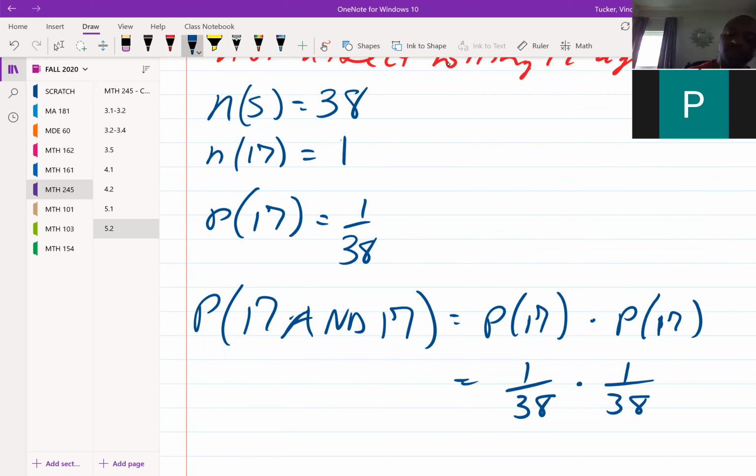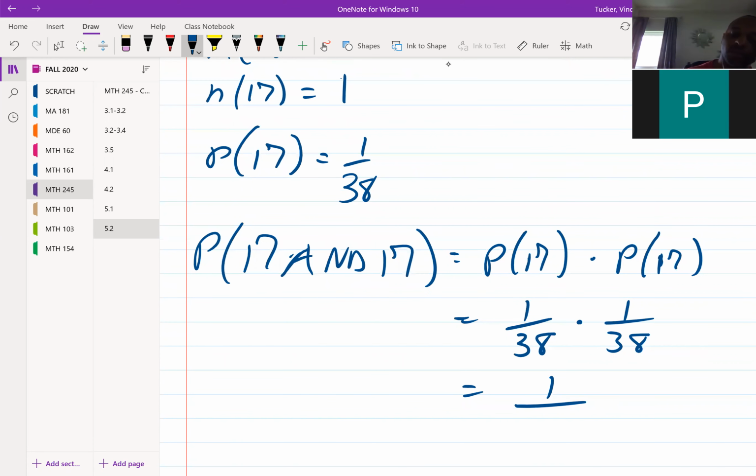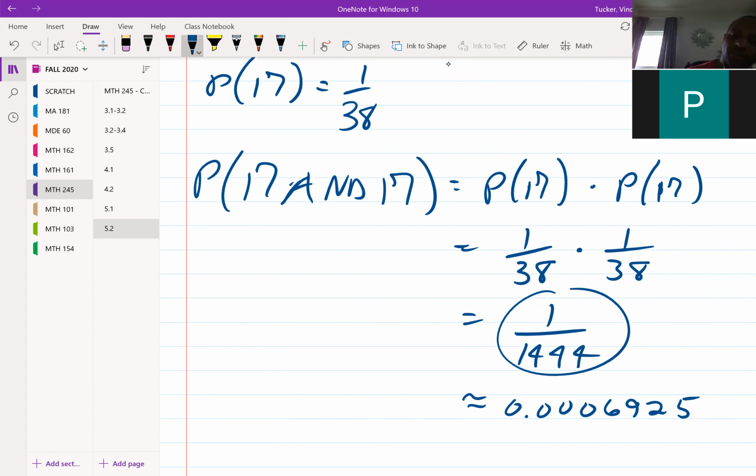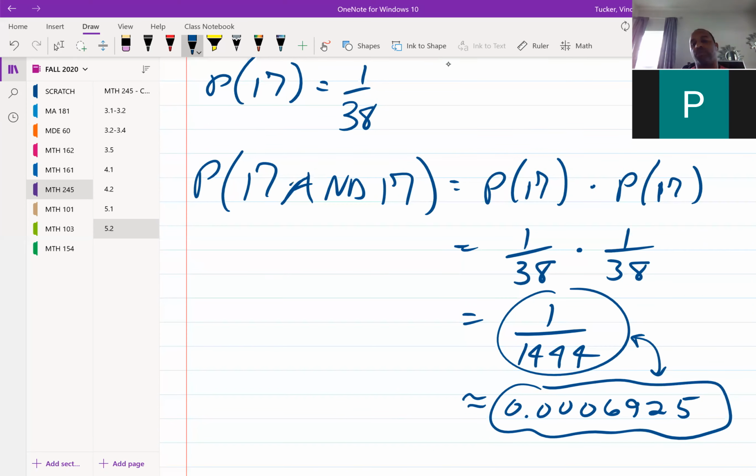It's 1/38 times 1/38, and that is approximately 0.0006925. Once again, I'm giving you that number because I saw it in the example, but MyMathLab will let you know which one to use. Both of them are fine.